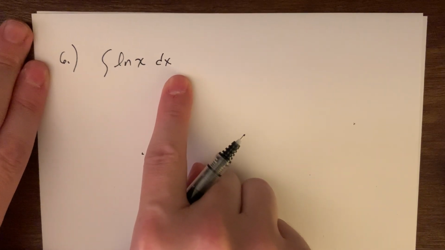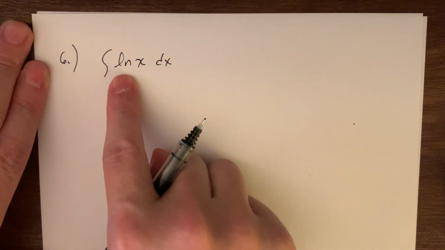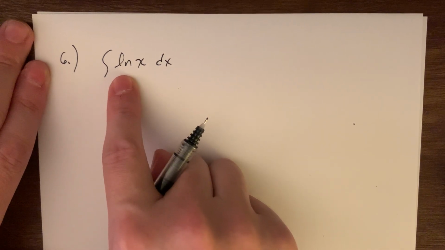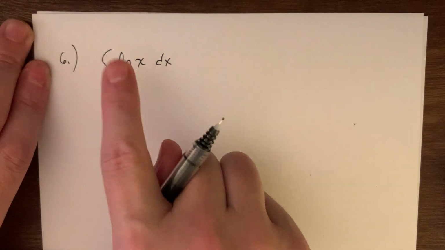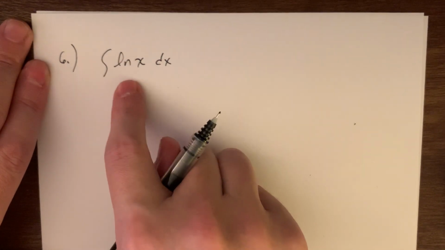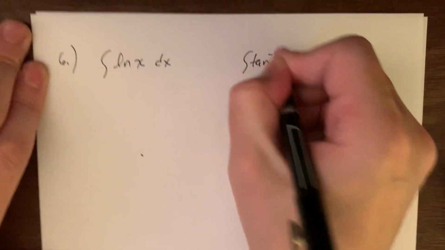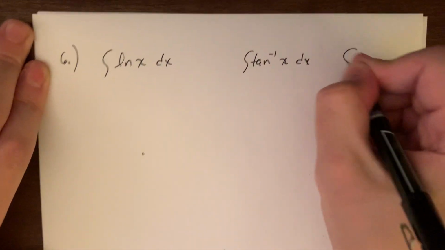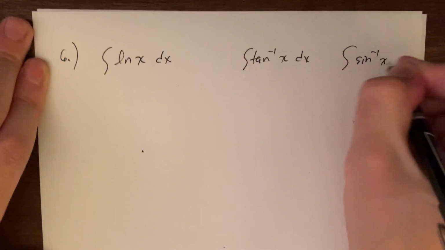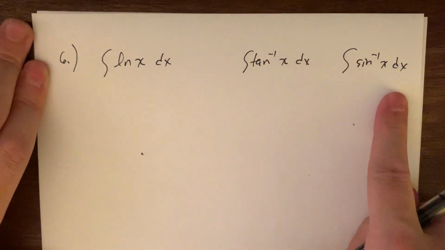There's no multiplication. There's not much to this function at all. But the problem is I don't know the antiderivative. But at least I know the derivative. That's my second setup. Similar are both of these.